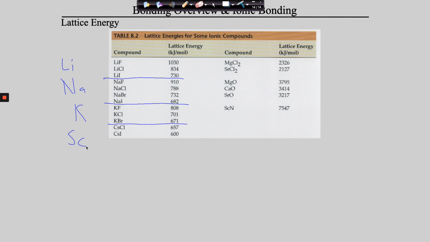As we move down to halogens, does the lattice become weaker or stronger? Weaker. Why would that be true? Why would moving down the halogens group make the lattice weaker? What do we know about what happens as we move down?